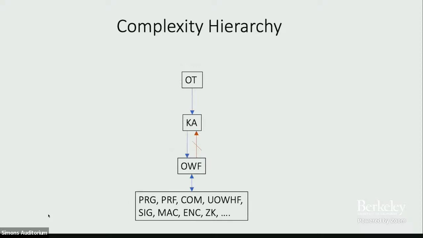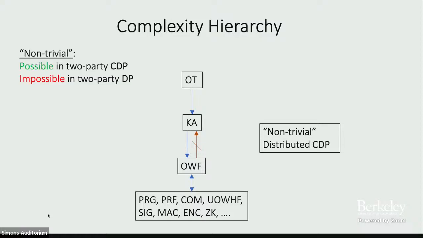So we have this complexity hierarchy where the minimal assumption for cryptography is one-way functions, which are equivalent to all these nice primitives. And OT is sufficient for multi-party computation. And in the middle, we have key agreement. And we want to know where to put non-trivial distributed, or two-party, computational differential privacy, where non-trivial is anything, any accuracy, that we can achieve in the centralized model or with computational differential privacy, but cannot achieve in the two-party model with information-theoretic differential privacy.